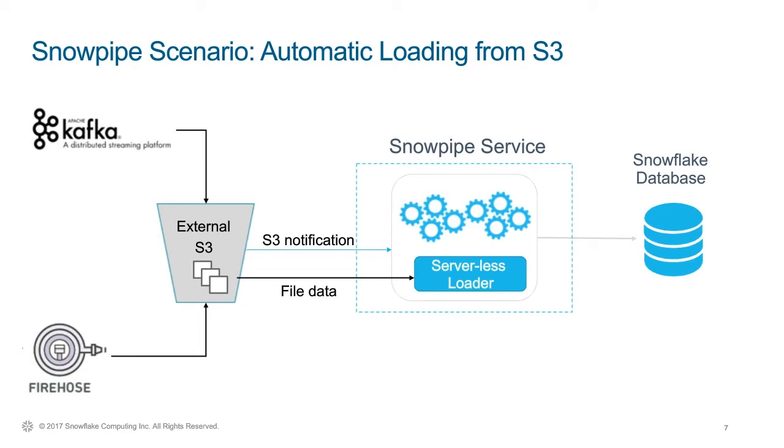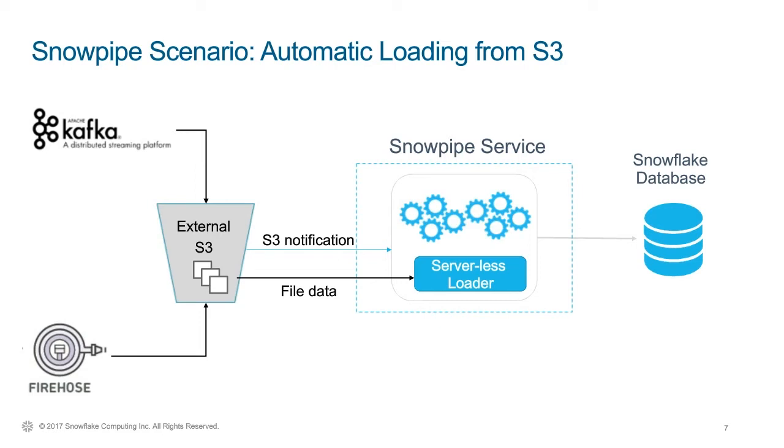And then as soon as these files arrive in the bucket, you send a notification from S3 to Snowpipe. And then as soon as Snowpipe receives that notification, it places the information about the new file in a queue. And then Snowpipe runs a serverless experience for you where asynchronously behind the scenes, Snowpipe loads the files from S3 and places the data in your target tables.